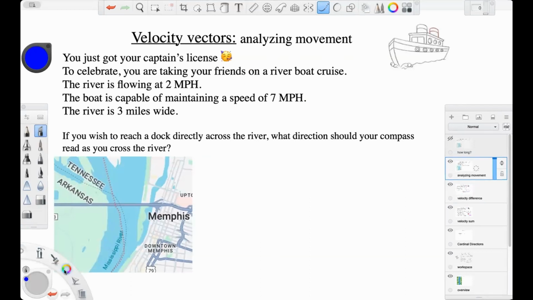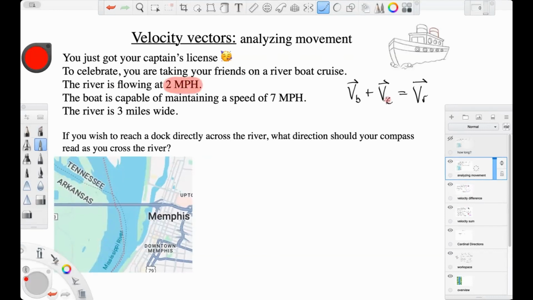So let's take everything into account again. So we know that the velocity of the boat plus the velocity of the current in the river is going to equal the resultant velocity. So let's just take account of the information we have here. So we know that the river is flowing at 2 miles per hour in a direction that's downstream.